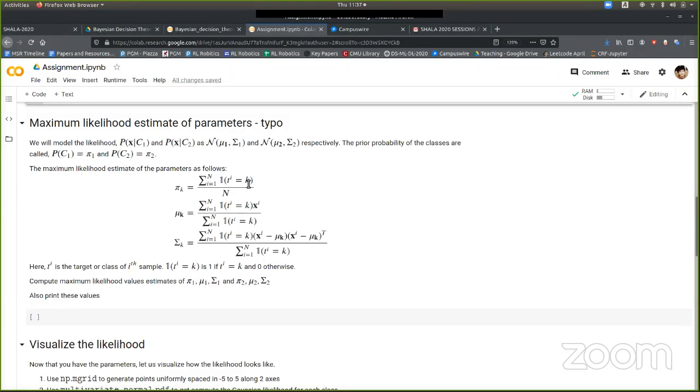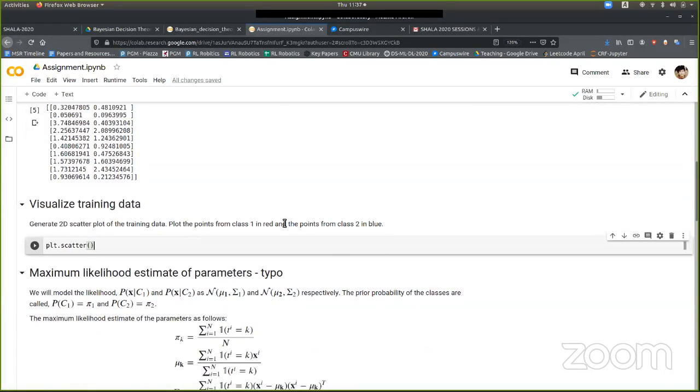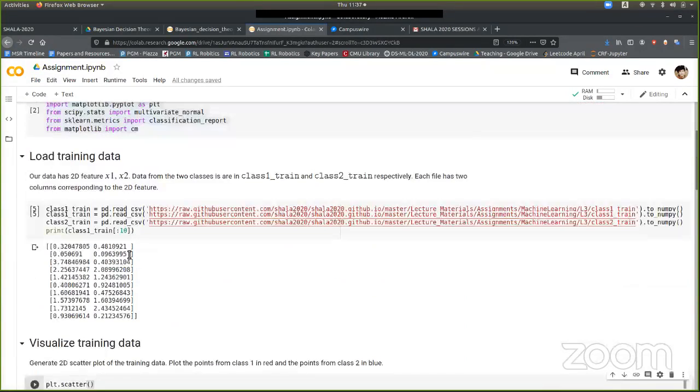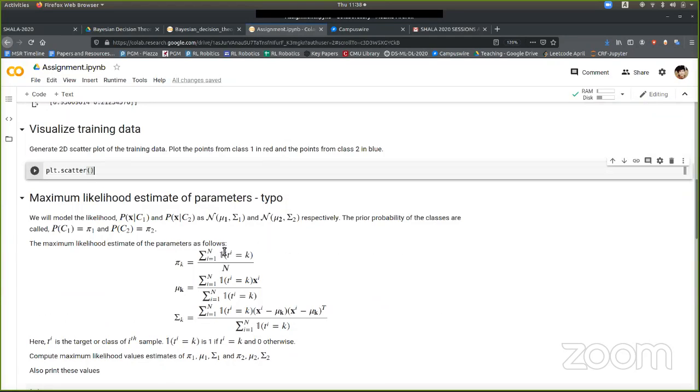So k for us will be just class 1 and class 2, or you can call them 0 and 1, because when you load the data, this will be the first column 0 and this will be the second column, which is 1. Since the data is already separated into two parts, it will be much easier for you to implement these functions directly, because you don't really have to use this indicator function.